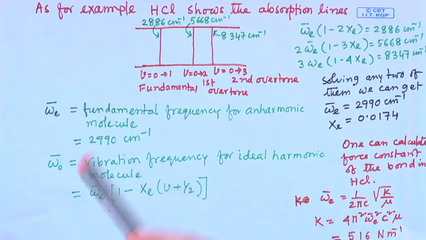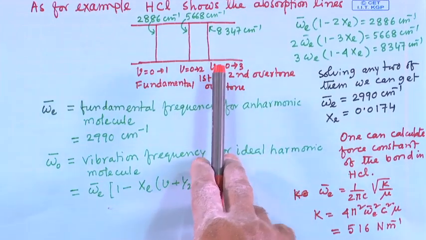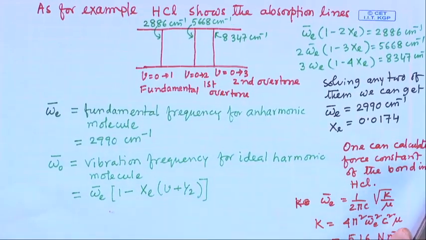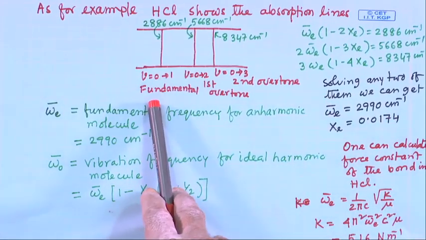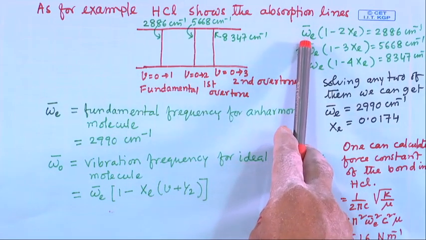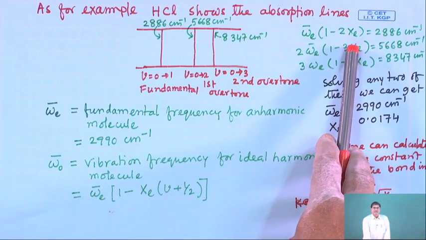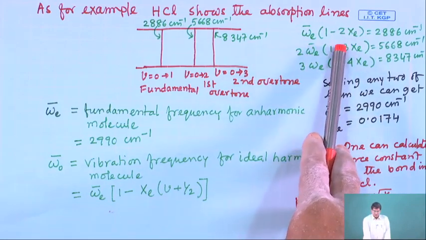Now, from this measurement, what information can we get about the molecules? That is the question. Experimentally we have measured these lines, and theoretically from the model we have seen the fundamental spectral line energy is omega E times (1 minus 2 x e), as I have already shown you.